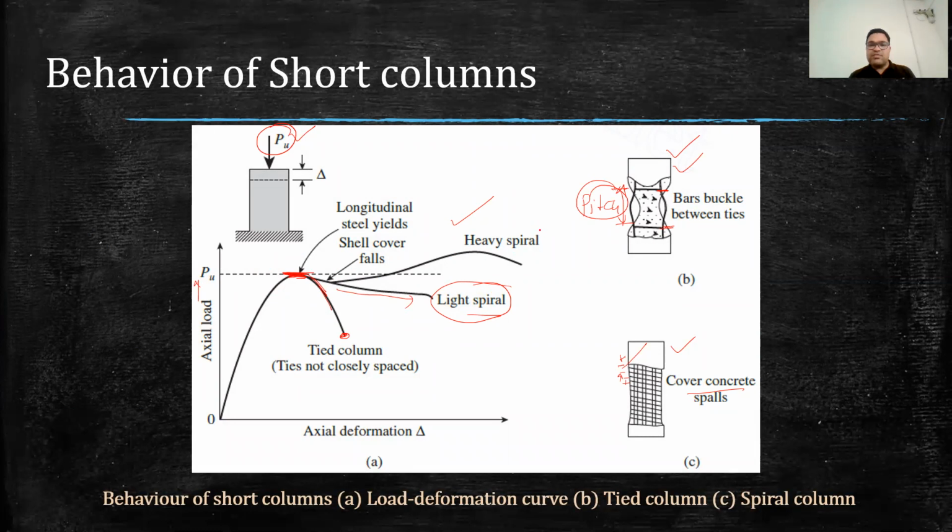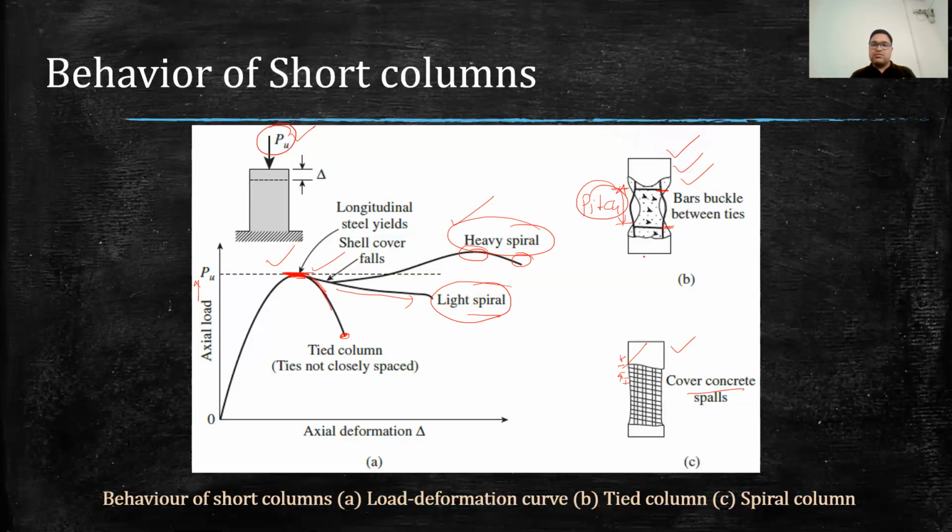And if we have heavy spiral, which means with low pitch, in that case, it may have some more load carrying capacity also. So it is ductile as well as having high load carrying capacity as compared to lateral ties. So we can say that a short column with spiral will have higher load carrying capacity than with lateral ties. So this graph actually shows the actual behavior of a short column with different types of transverse reinforcement.